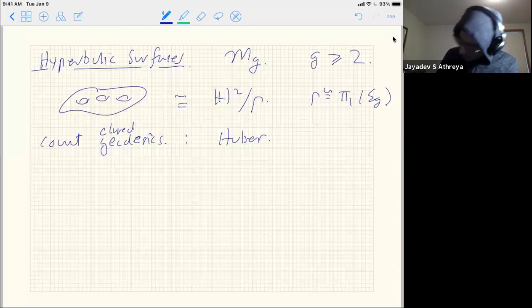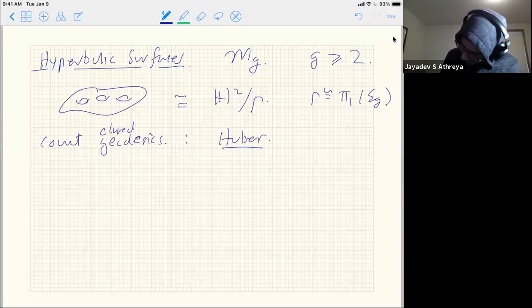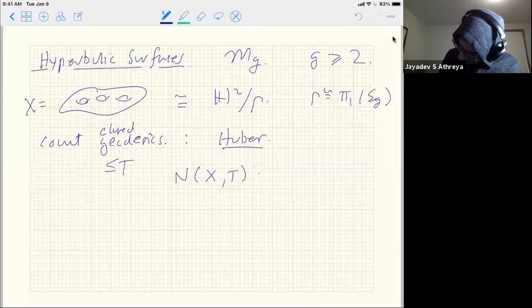Exactly. So Huber proves that you have an exponential number of closed geodesics of length less than or equal to t. If I say N(X, t), where X is my surface, then N(X, t) behaves like e to the entropy times t. If you normalize it, I can normalize the entropy to 1 here.